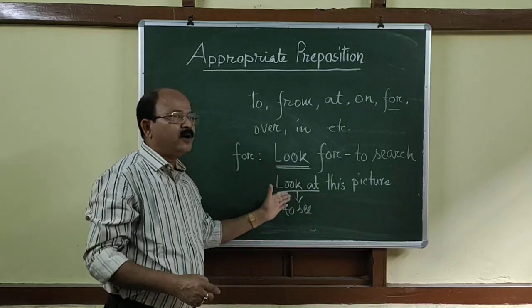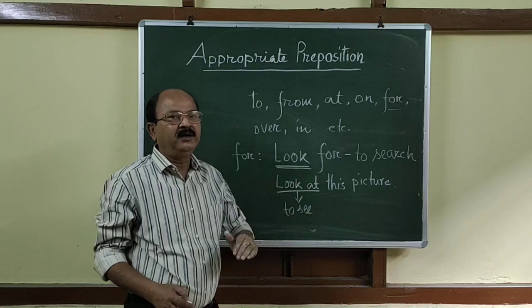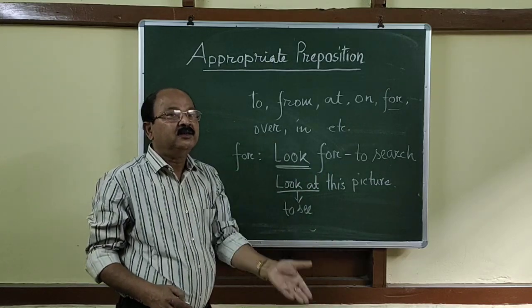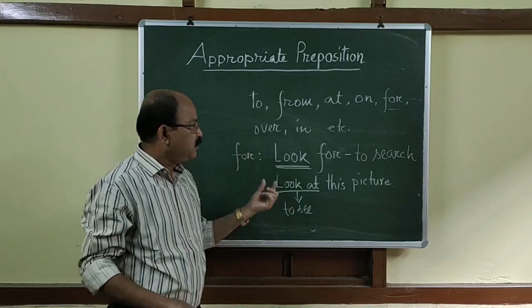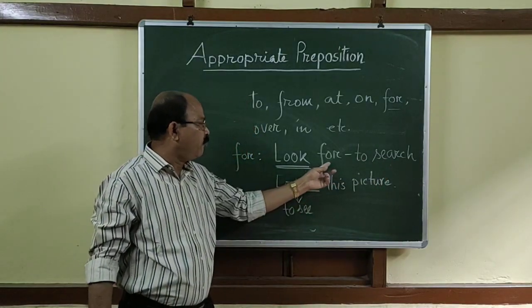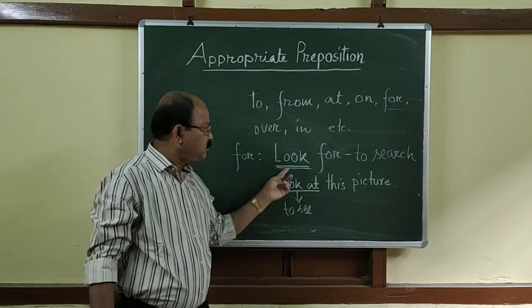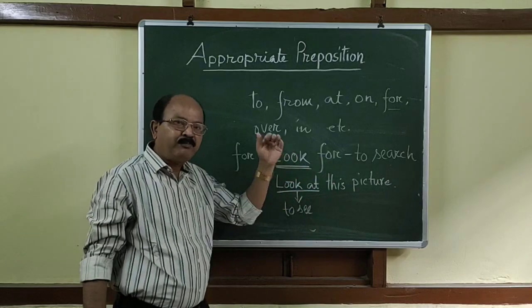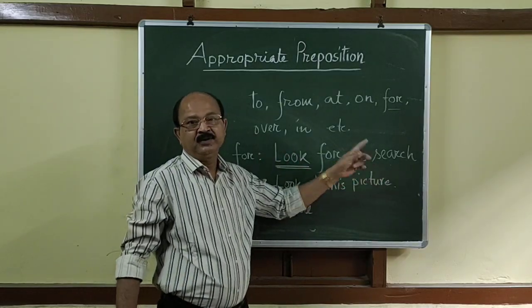Same verb form, with different prepositions, the meaning changes. This is why it is called appropriate preposition, because if we want the meaning of search, we must use for after look, because for is the appropriate preposition after look to give the meaning of search.